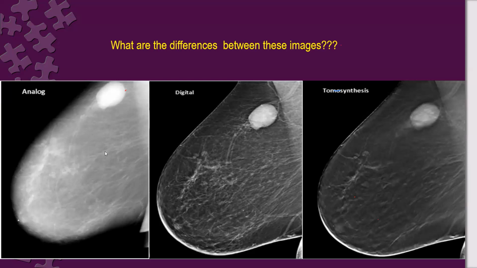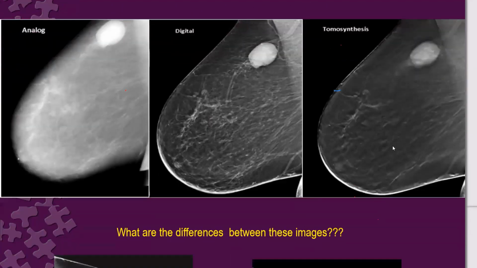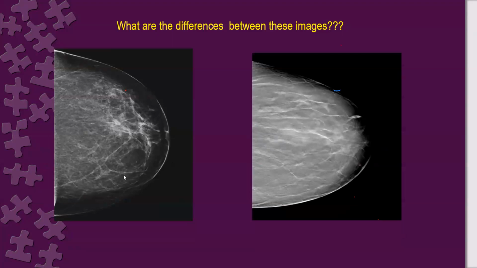So this is analog, this is digital, and this is tomosynthesis for the same patient having the same lesions. And the difference between these: on the left side is digital mammogram, and on the right side is the analog.